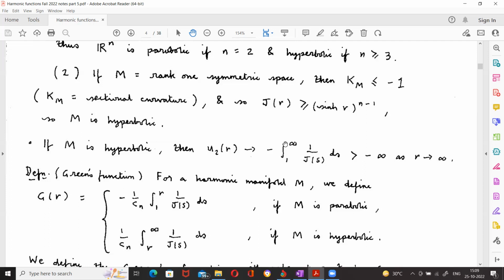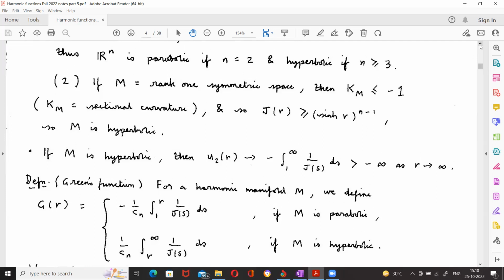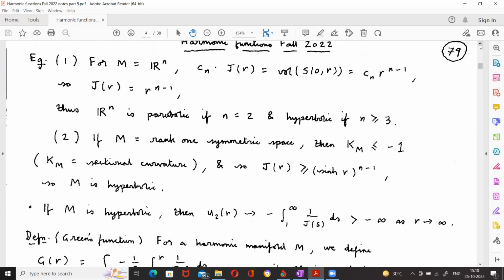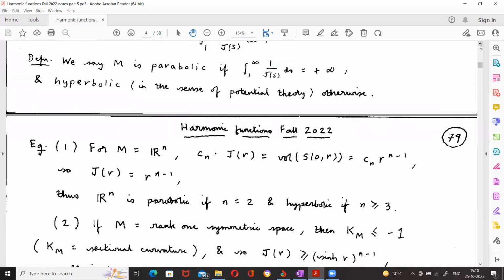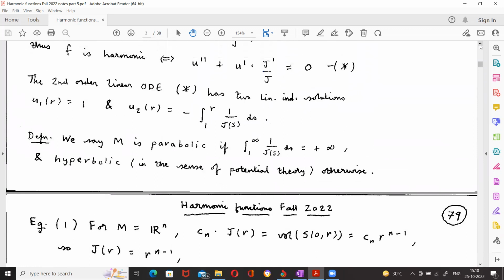What I'm saying is it will give me a positive superharmonic function. Whereas in the parabolic case, it turns out there are no positive superharmonic functions. So that's the difference between parabolic and hyperbolic. It's basically the existence of positive superharmonic functions or their non-existence.